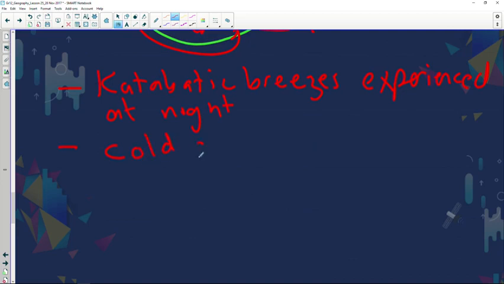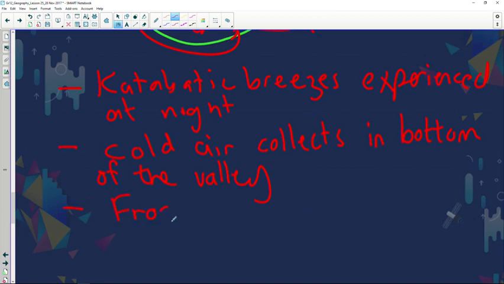The cold air collects in the bottom of the valley. And then obviously, because of the cold temperature, a frost pocket forms. Just say a frost pocket develops in the bottom of the valley.